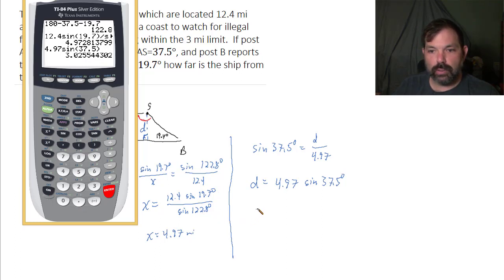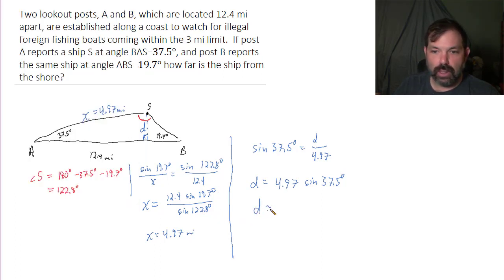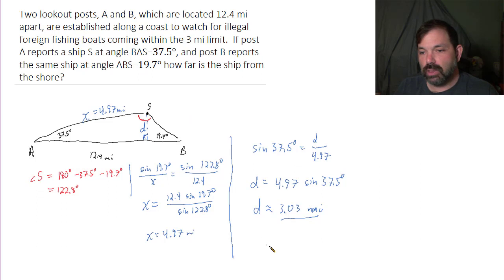And so D is actually 3.03 miles. So in this context, that would mean that the fishing boat is outside the 3-mile limit, so we shouldn't call the Coast Guard to report this ship.